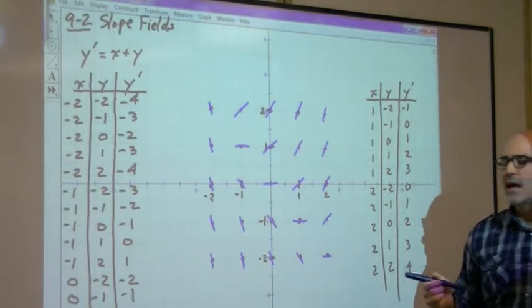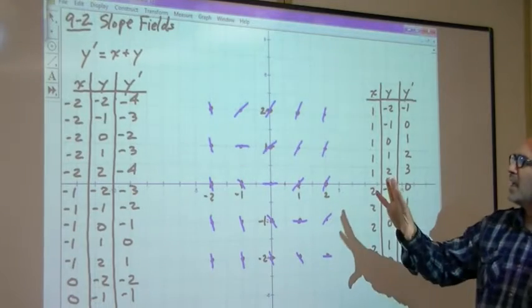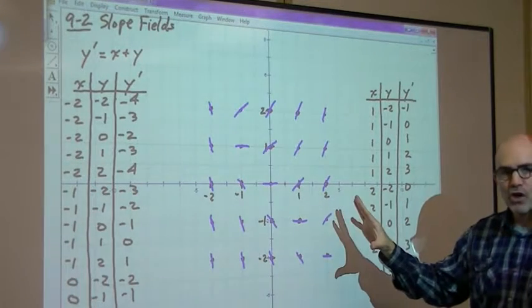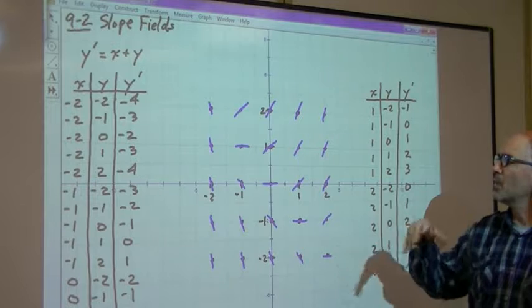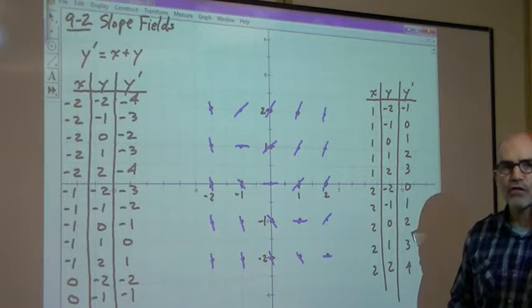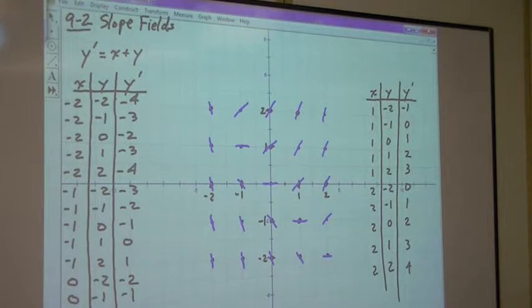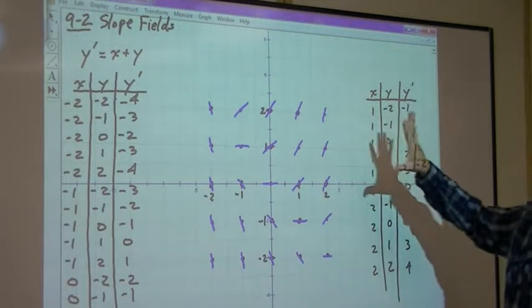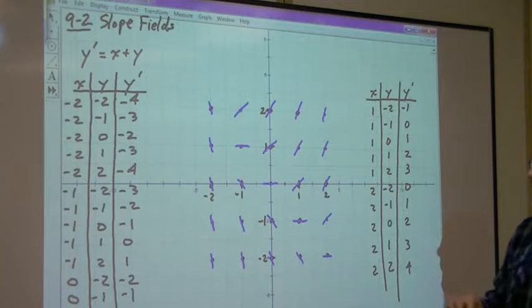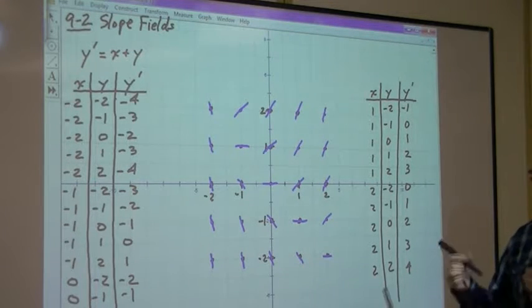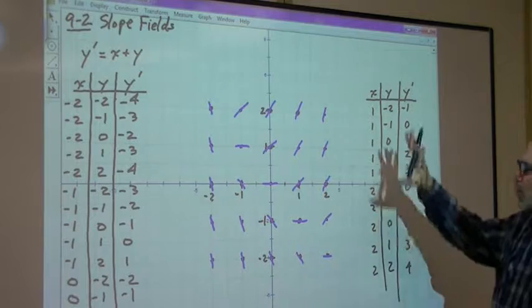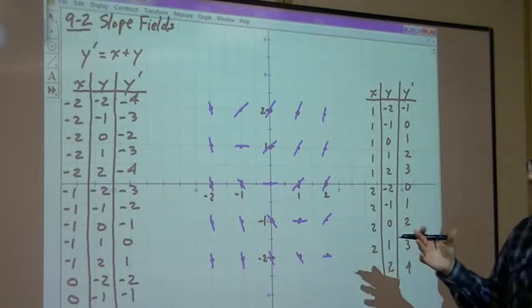Now, this shows an entire family of curves. It depends where we start as to which curve we're interested in. So if we start at 0, 1, you look at these curves almost like they're currents in water. If you put a feather in that swirling current of water, where's the feather going to go?